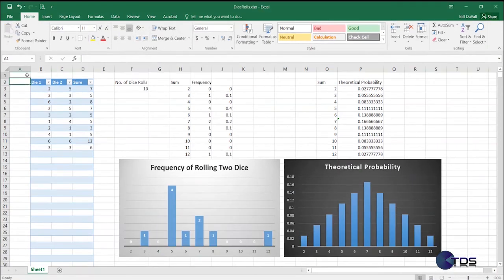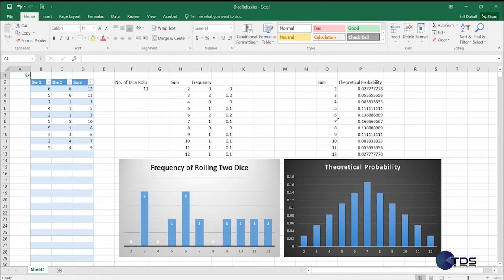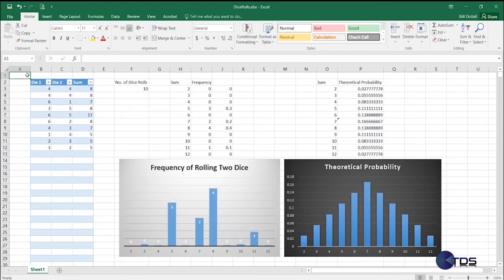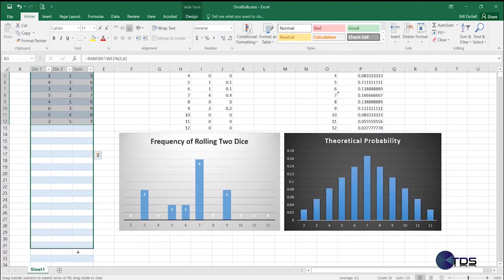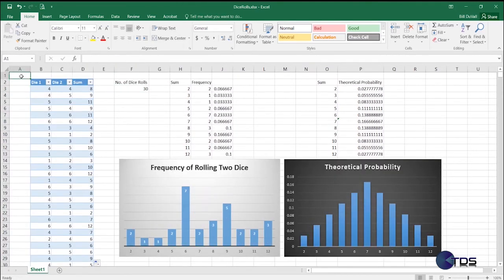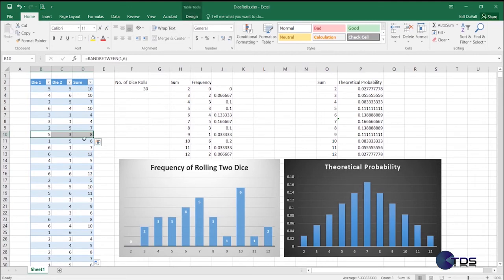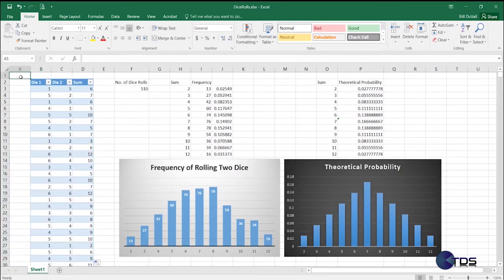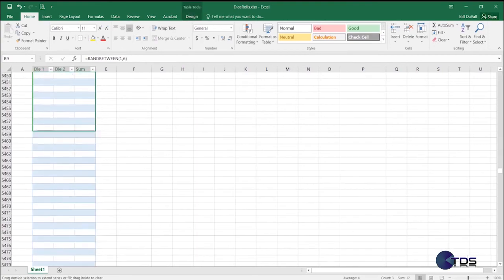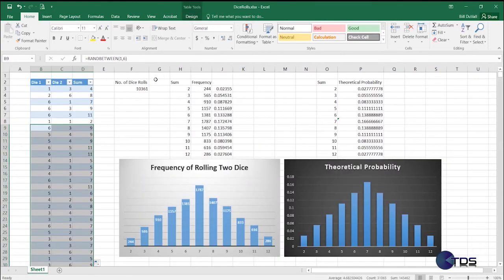If I have a very small sample, like over here on the left, I've got an example from 10 dice rolls, and each of these sets is random, so all I have to do is click and it'll show us 10 different rolls. You can see that in this chart over here on the left, it doesn't really line up with being normally distributed. But what if I all of a sudden increase it to 30 dice rolls, or 500 dice rolls, or even 10,000 dice rolls?